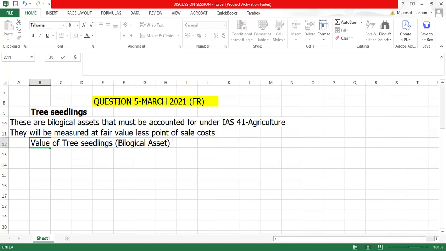You're going to recognize this by getting the fair value, which is 100,000 times 5,000. That is the selling price. Then we subtract the point of sale costs, which we don't have. So finally here you get shillings 500 million.